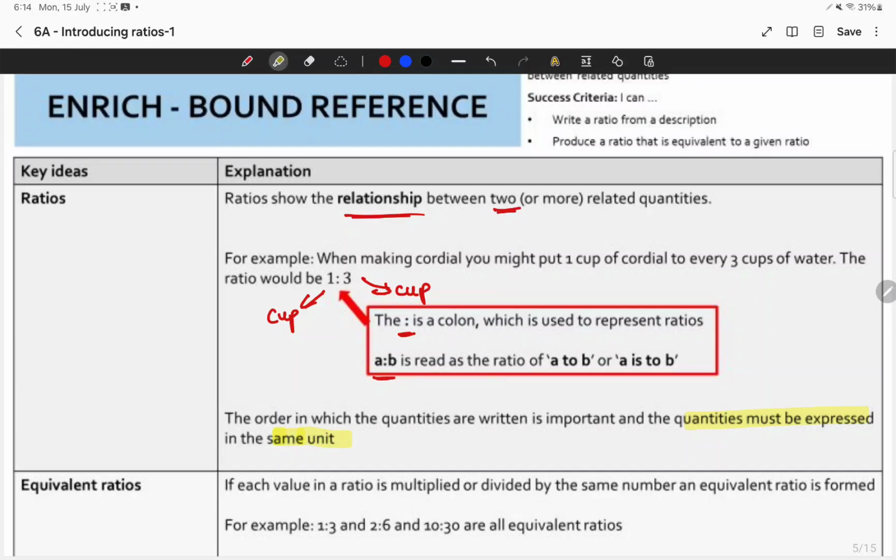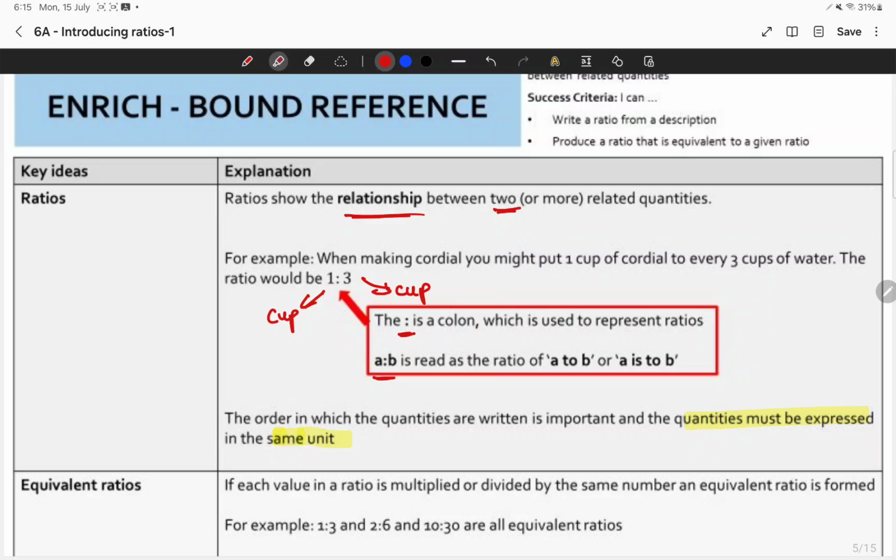All right. Next we're talking about equivalent ratios. If each value in a ratio is multiplied or divided by the same number, an equivalent ratio is formed. Very similar to equivalent fractions. If you times the top by the top and bottom by the bottom, or divide the top by the top and bottom by the bottom by the same number, then you are going to get equivalent fractions.